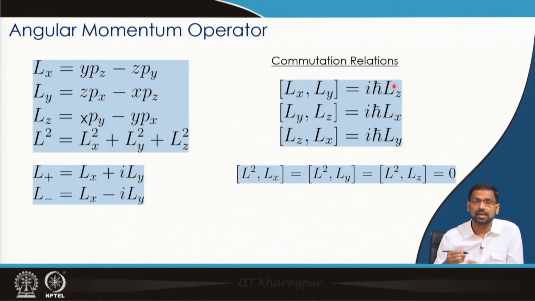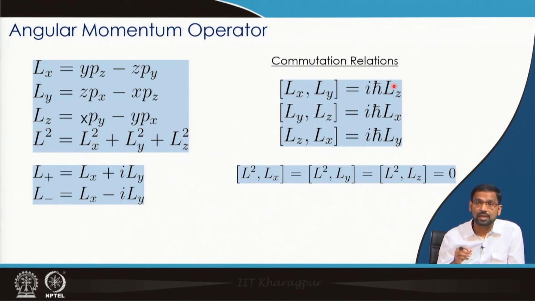Similarly, Ly, Lz and Lz, Lx also do not commute. Why is it important? If two operators commute, we know that they can have common eigenfunctions. But if they do not commute, then they cannot have common eigenfunctions.